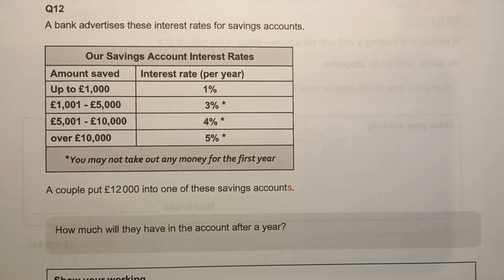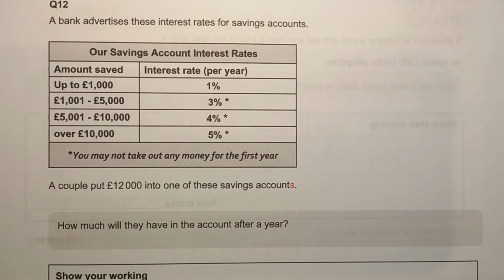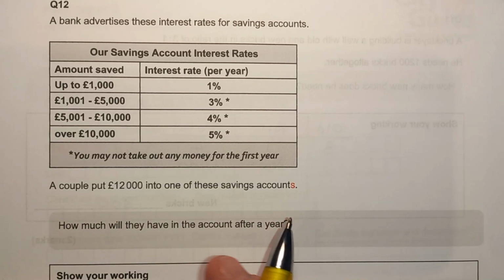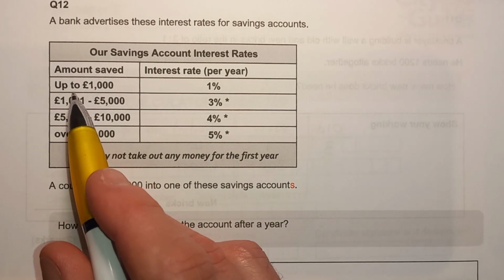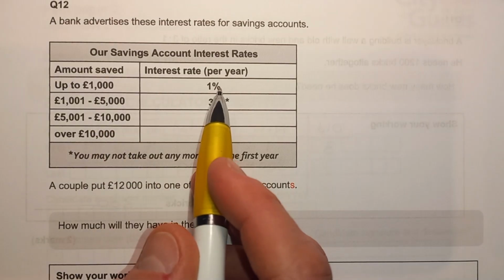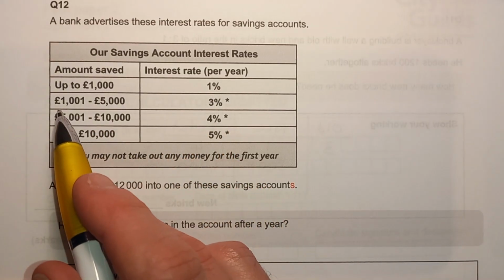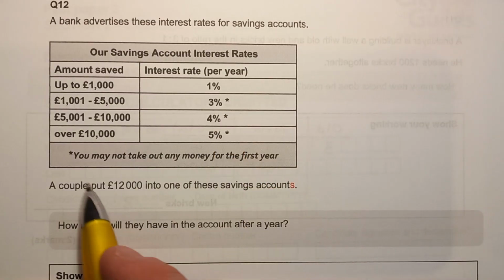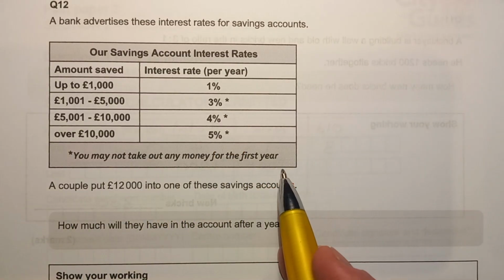Question 12. This is for 3 marks. A bank advertises these interest rates for savings accounts. Okay, if the amount is up to £1,000, the interest rate is 1%. If it's between £1,001 and £5,000, it's 3%, although it says you may not take out any money for the first year.